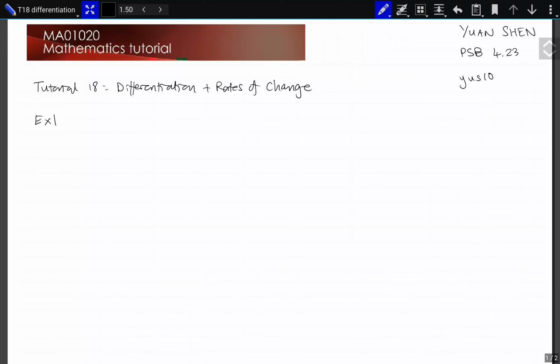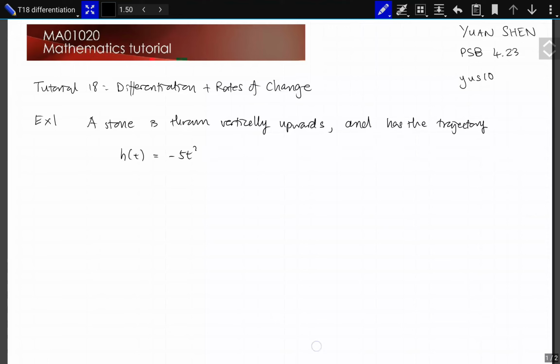It's a projectile. A stone is thrown vertically upwards and has the following trajectory. Let's say the height is equal to a quadratic.